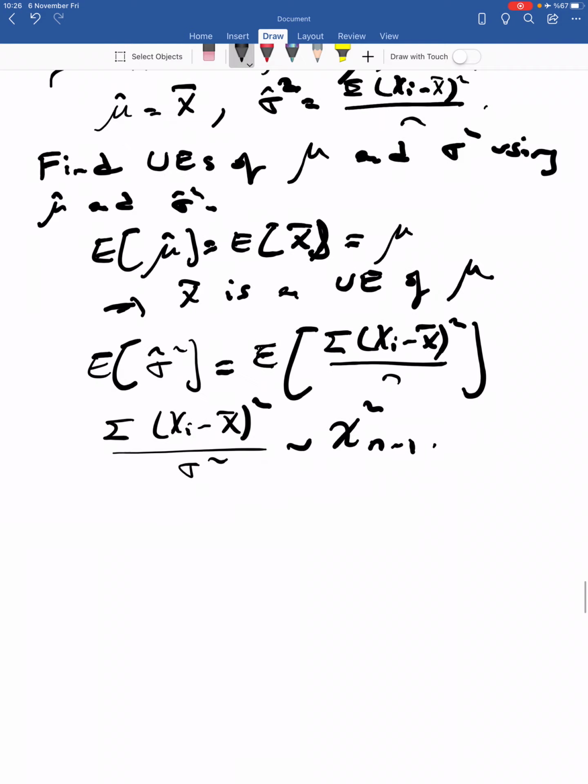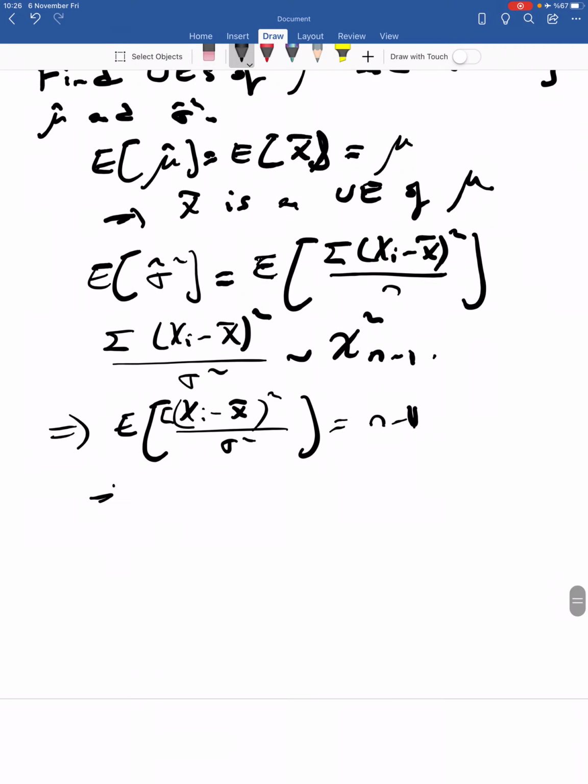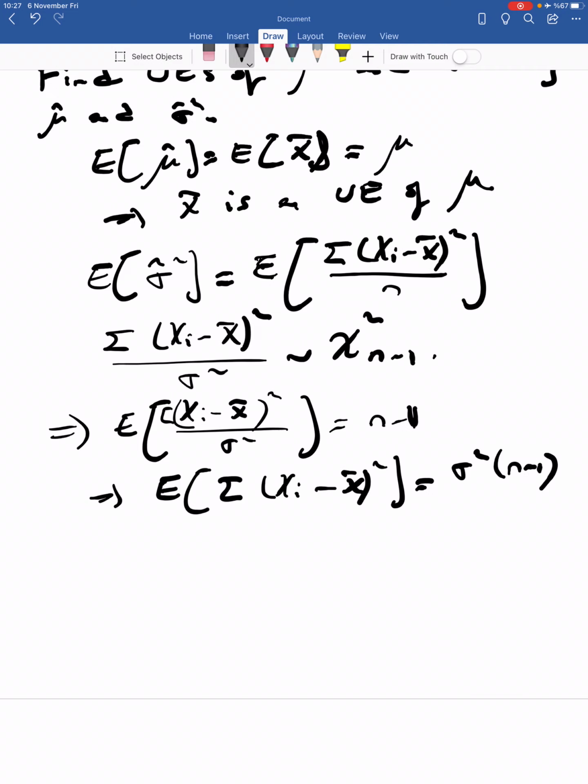So we don't have to find the distribution of the summation of xi minus x bar square in terms of expectation. Using this, the summation of xi minus x bar, whole square, divided by sigma square has a chi-square distribution with n minus 1 degrees of freedom. This means the expectation of the summation of xi minus x bar whole square equals sigma square times n minus 1.